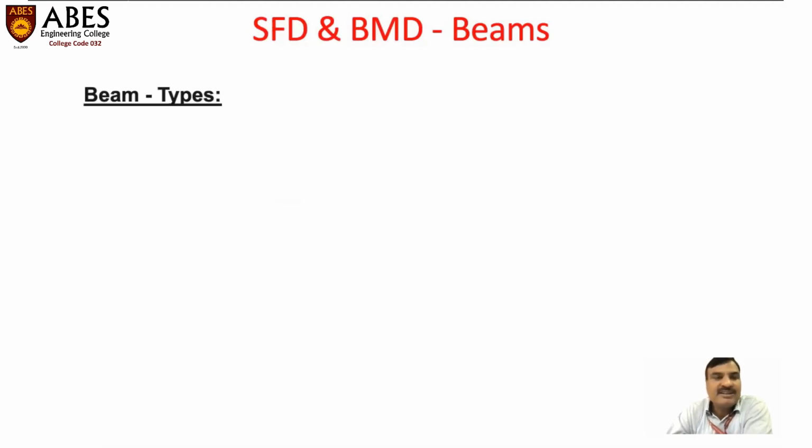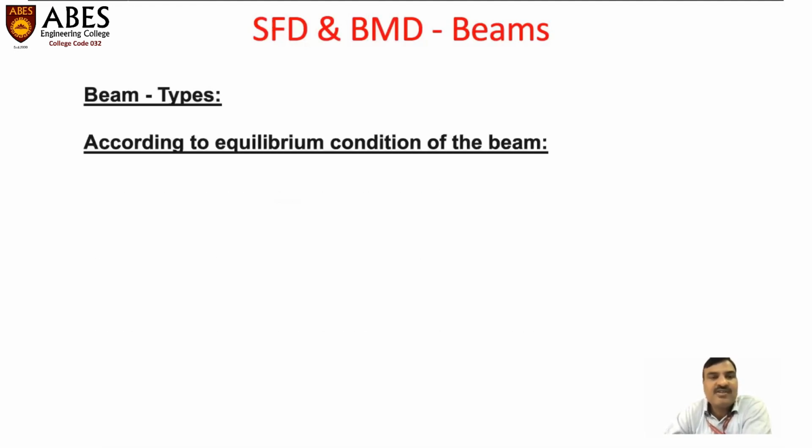As we have discussed earlier, the very first classification of beam is according to equilibrium condition of the beam. We already have studied equilibrium conditions: the summation of all the horizontal forces acting on the beam should be zero. Similarly, the summation of all the vertical forces acting on the beam should be zero.